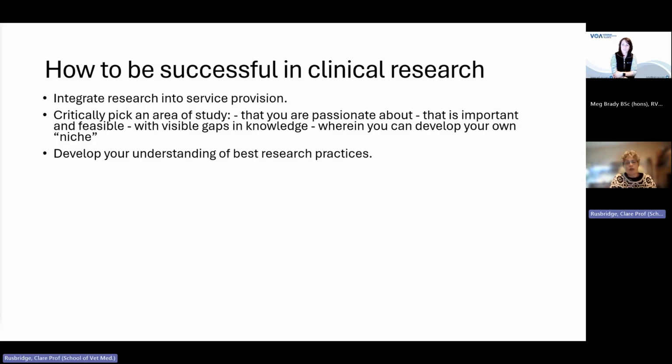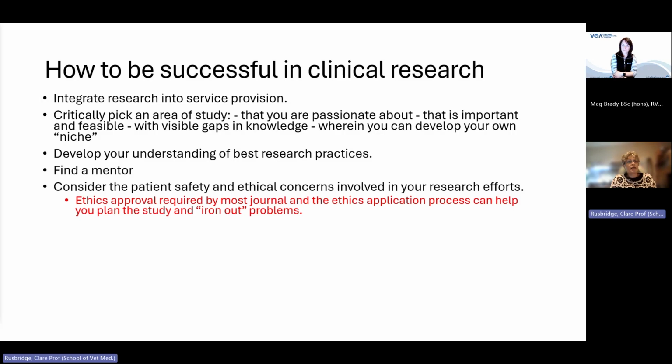Develop your understanding of what is best research practice. That's why I'm telling you about power calculations and that sort of thing. It's not to scare you, it's just to tell you this is what is done, so that when you have a great idea, like my colleagues in the dog breeding trust, you're not put off. Find a mentor. If you're feeling worried about this, there will be somebody in an organization, in the VAO itself, some of these organizations, who will be very willing to give you advice.